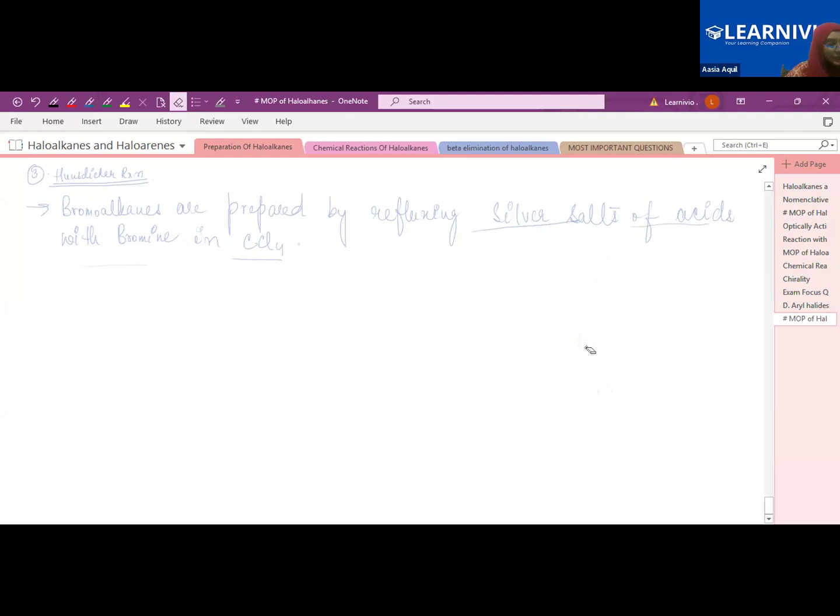Let's see the general reaction. It's a silver salt of acid, RCOOAg. When you reflux the silver salt of acid with bromine, Br2, in the presence of carbon tetrachloride, CO2 is released, plus AgBr, plus RBr.